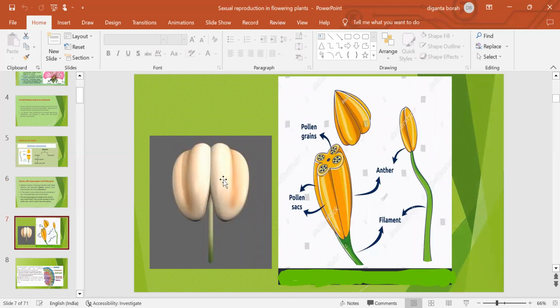This is one part of the anther, this is one theca, and this is one theca. In the other part, this is one theca, and this is one theca. It means a total of four thecae are present, and in each theca one microsporangium is present. When you take the transverse section, the anther will be shown like that.